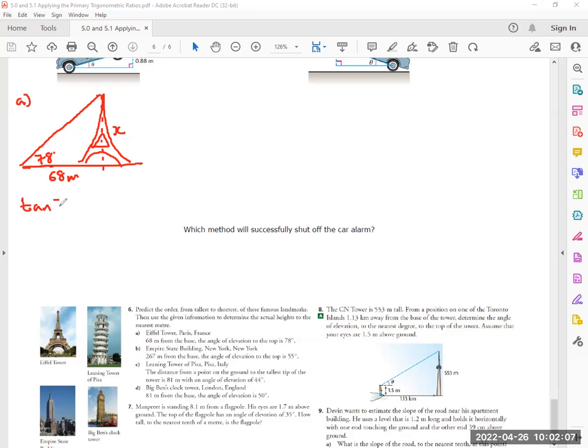The answer will be tangent 78 degrees equals x over 68. Tangent 78 is 4.705. I have upgraded from 2 decimal places to 3 decimal places thanks to Hammer making a point, which is true. X is now equal to 319.94 meters. Pretty tall.